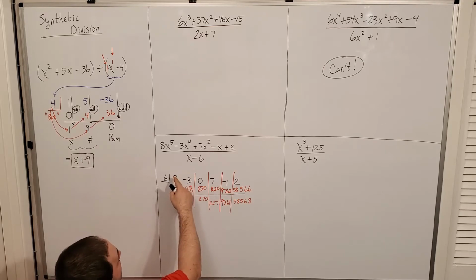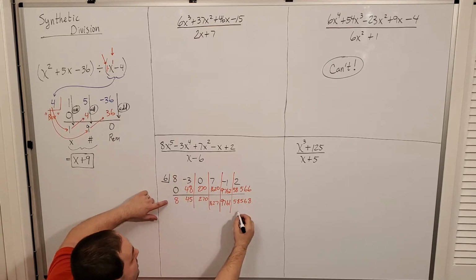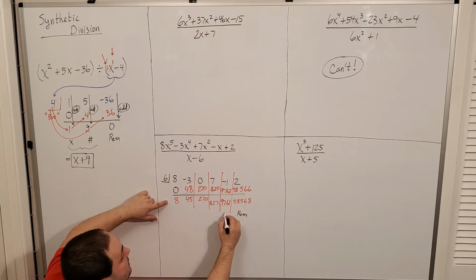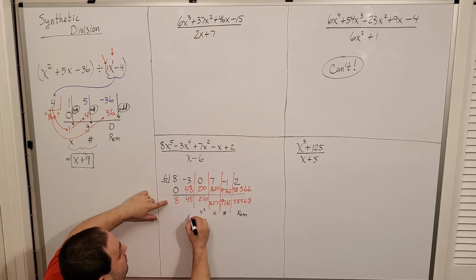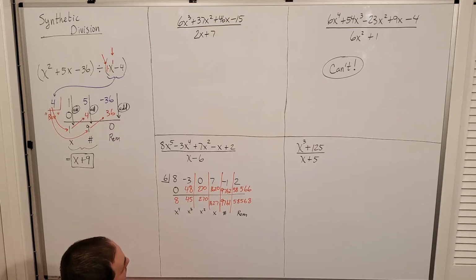So from here, I'll have remainder, right? This will be number, this will be x, x squared, x cubed, and x to the 4th.